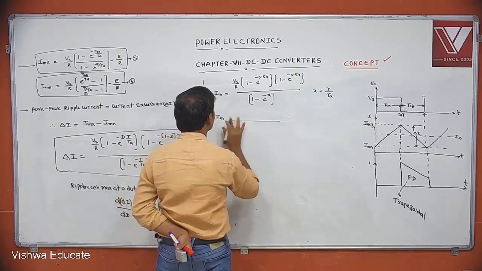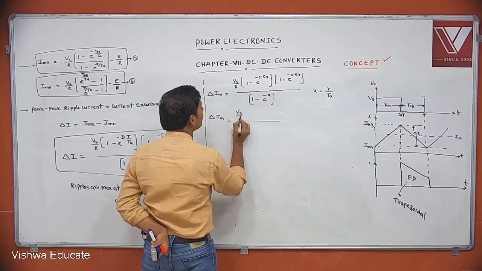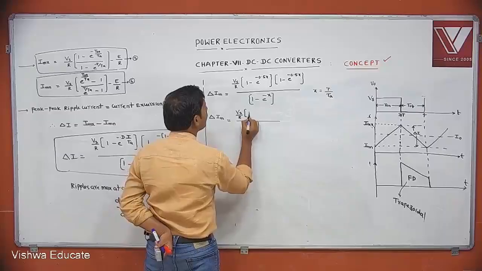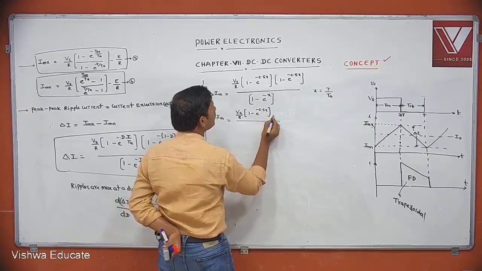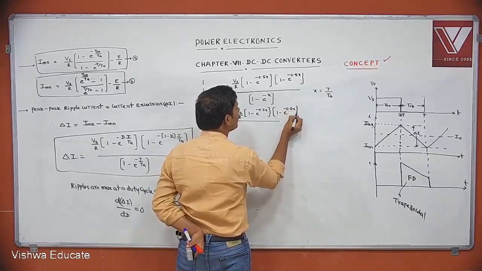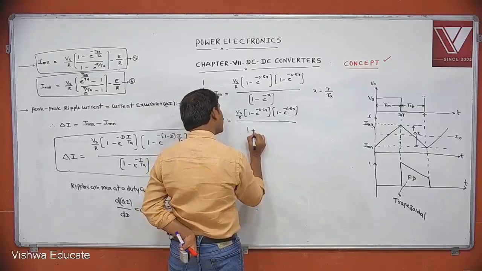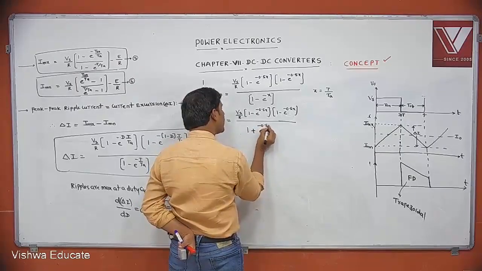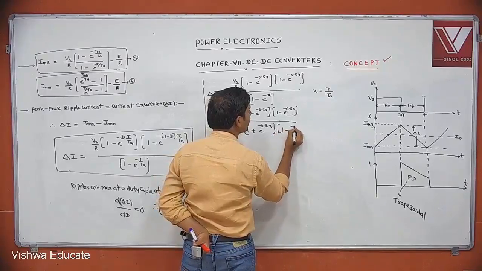Delta Im equals Vs by R into 1 minus e power minus 0.5x into 1 minus e power minus 0.5x, divided by 1 minus e power minus x, which is 1 plus e power minus 0.5x into 1 minus e power minus 0.5x.